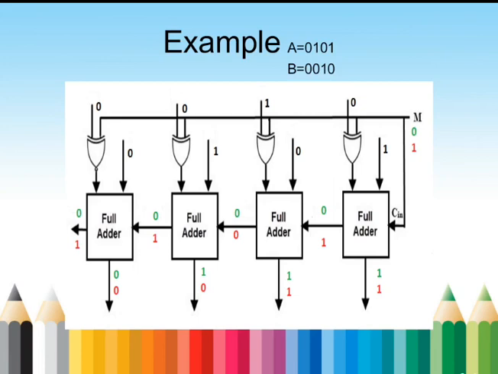And for carry, 1 into 1 plus 1 into 1 plus 1 into 1, which is 1. For the second full adder circuit, the carry input is 1, A1 is 0, and the other input of this full adder circuit is 0. So the second difference output is 0 XOR 0 XOR 1, that is 1.